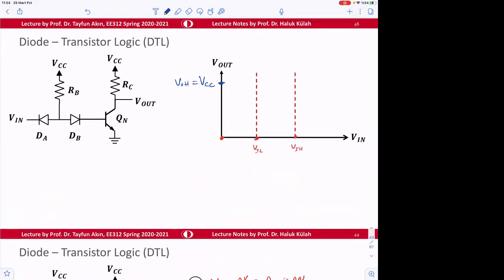Until here, which is not shown to scale, up to an input of 0.7 volts, nothing will change. So nothing will change until that.